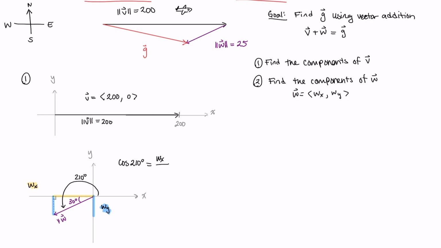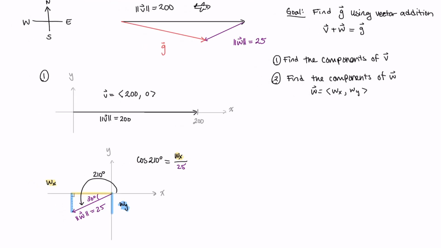Well, we know that this has a magnitude of 25. So this tells me that the x component is equal to 25 times cosine of 210 degrees, and that's going to work out to be exactly negative 25 times root 3 over 2, which is approximately negative 21.65.